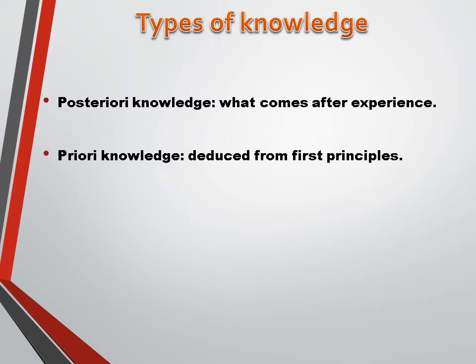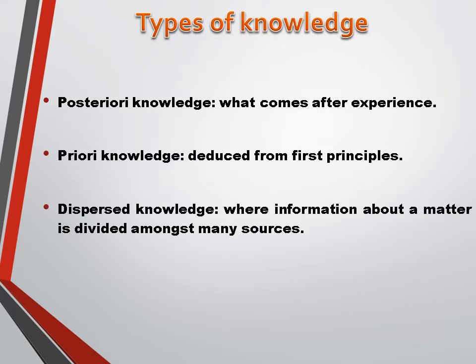The third type of knowledge is dispersed knowledge. Dispersed knowledge is a type of knowledge where knowledge is not confined to one thing. It is dispersed in different people or different organisms.